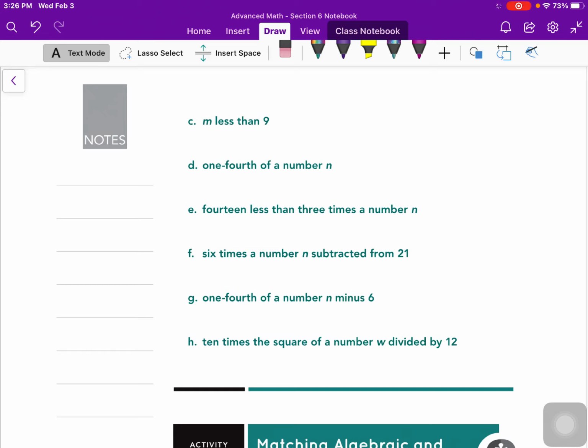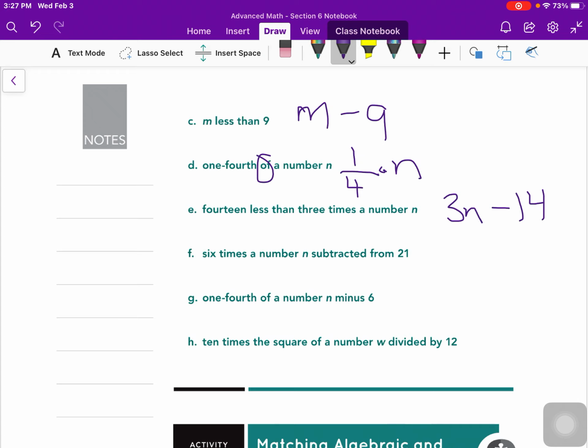All right, on these, hopefully you got the following answers. 9 less than M, that means the M comes first. 1/4 of a number. Of always means multiply, so it's 1/4 times n. 14 less than 3 times a number n.